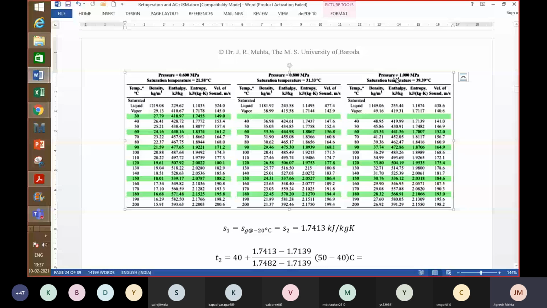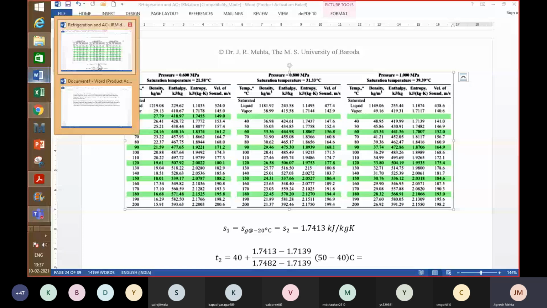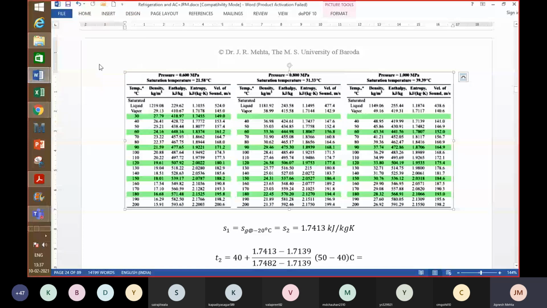So saturated liquid enthalpy is 255.44 kilojoule per kg, which is the enthalpy at 3 as well as 4.